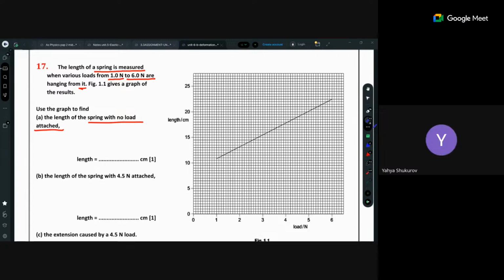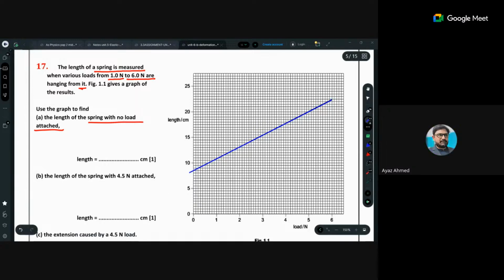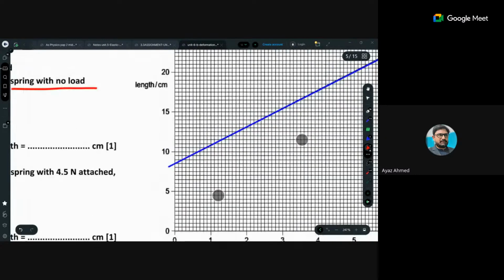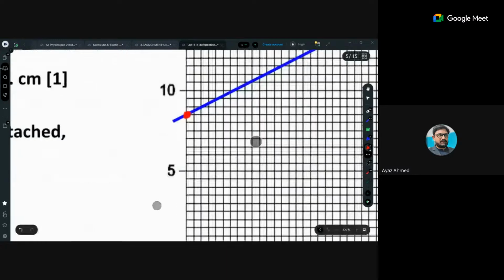So we draw this line until x equals 0, and we'll find the unstretched length, the original length. Do you mean this way? Yes. Wow, you spoke over there and the line was drawn. So is this the unstretched length? Yes. Very good.